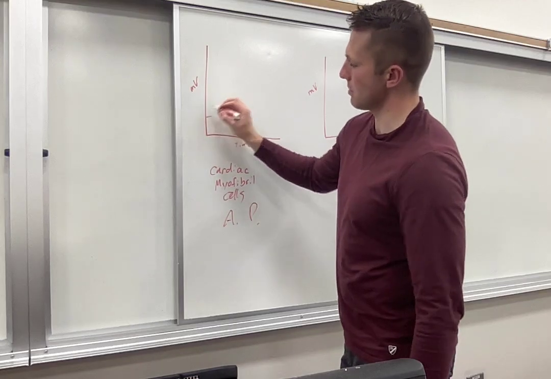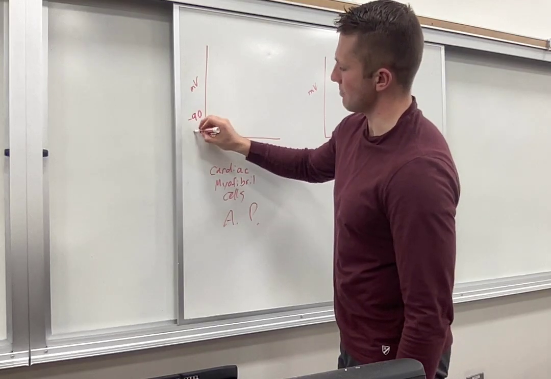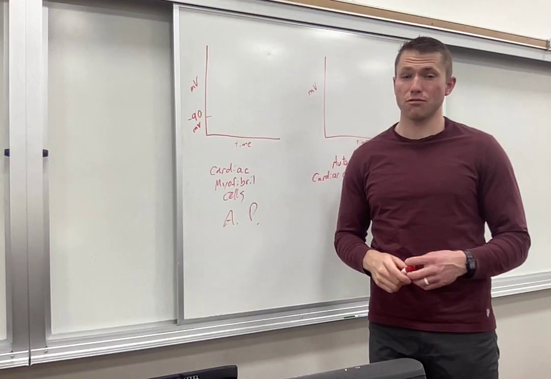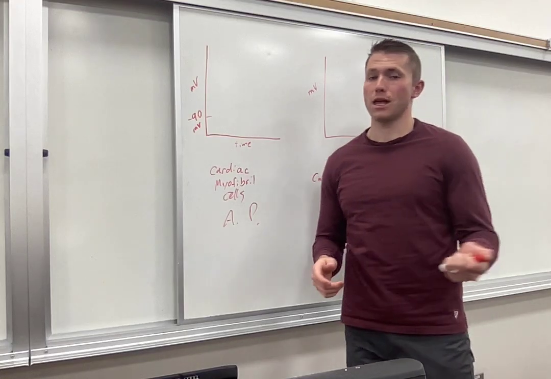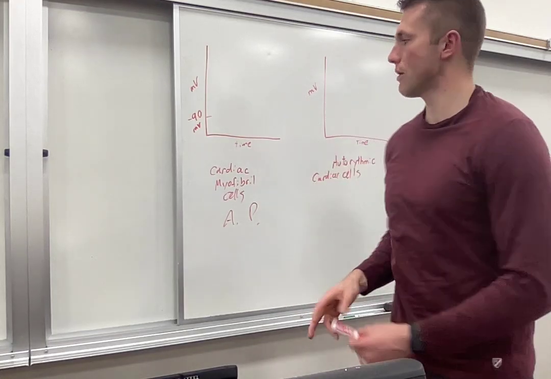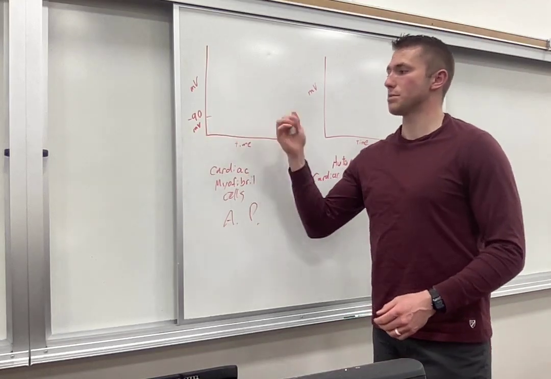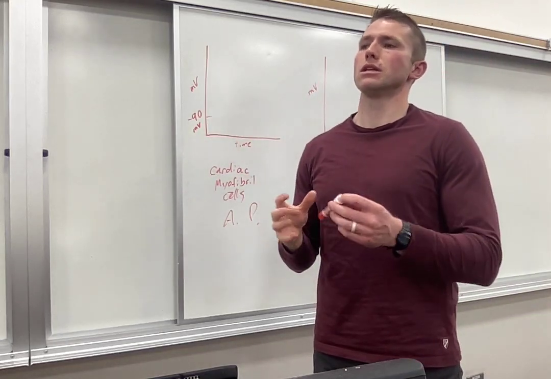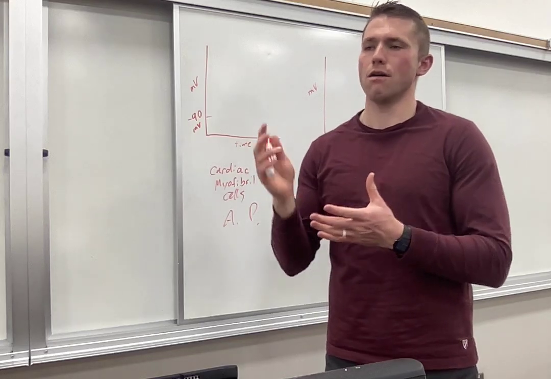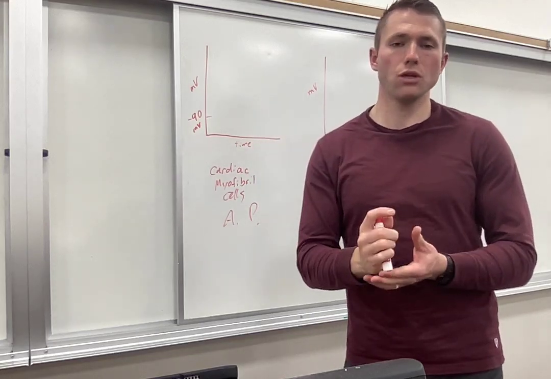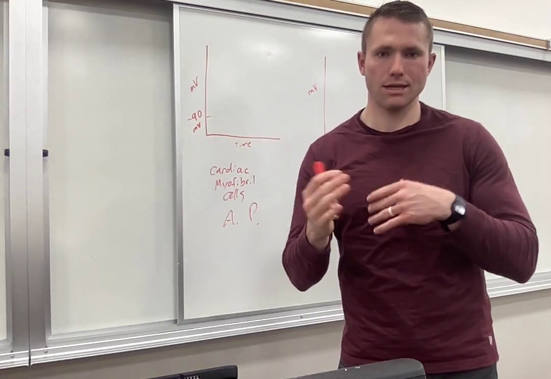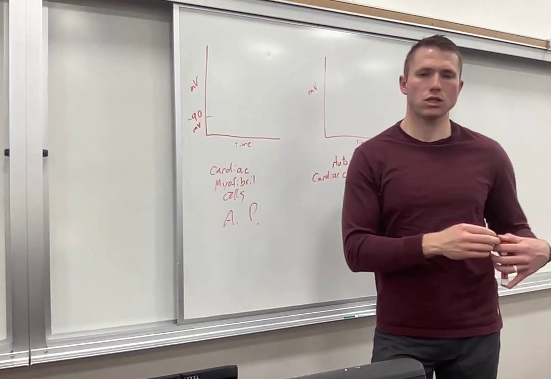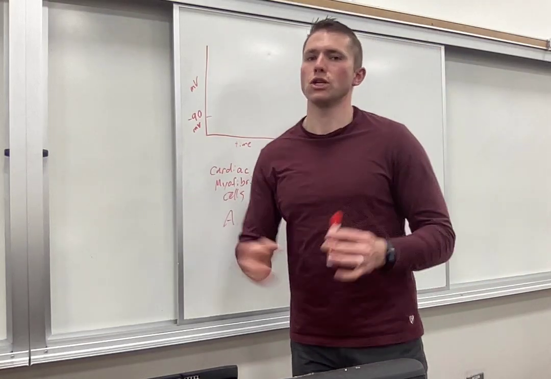We have resting membrane potential right here at minus 90 millivolts. That's pretty darn close to the Nernst potential of potassium. If you don't remember the Nernst potential, go back and watch that video. But basically, the Nernst potential is the ideal balance of chemical and electrical gradients for potassium, and it is unique for each ion in each situation.